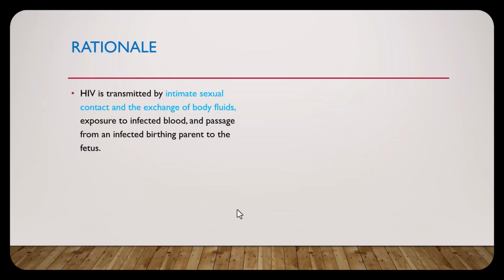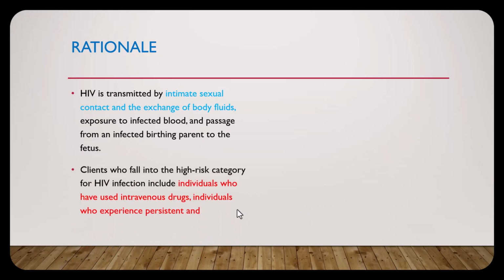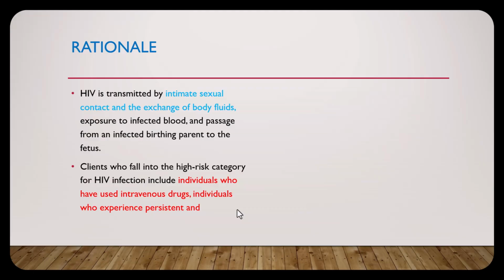HIV is transmitted by intimate sexual contact and the exchange of body fluids, exposure to infected blood, and passage from an infected birthing parent to the fetus. Clients who fall into the high-risk category for HIV infection include: 1.